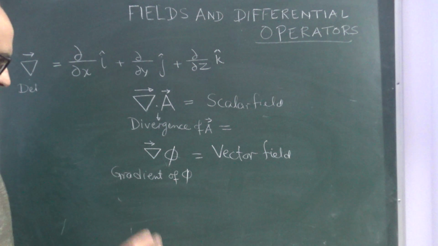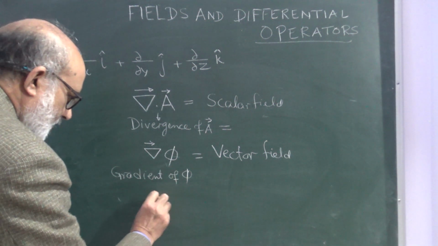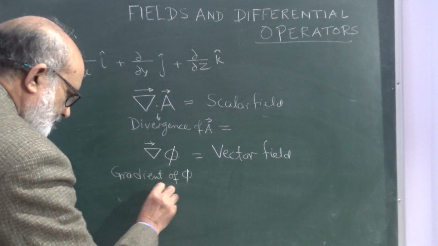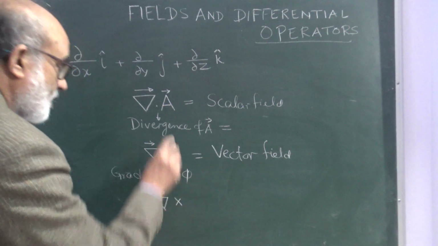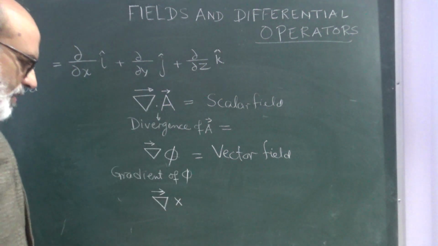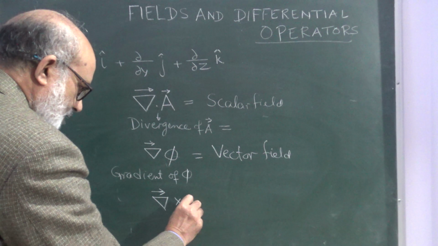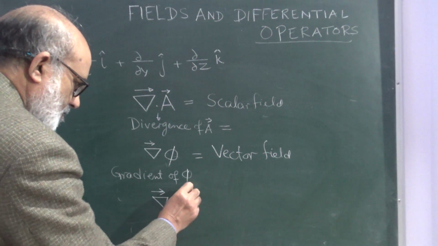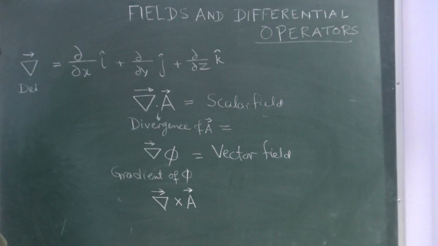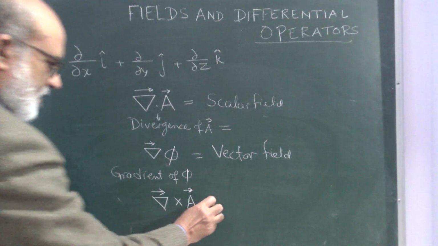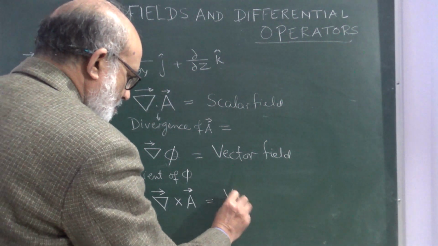Now, once again, when this operator operates like this, here it's dot, here it's cross, on the same vector field, and this results in a vector field.